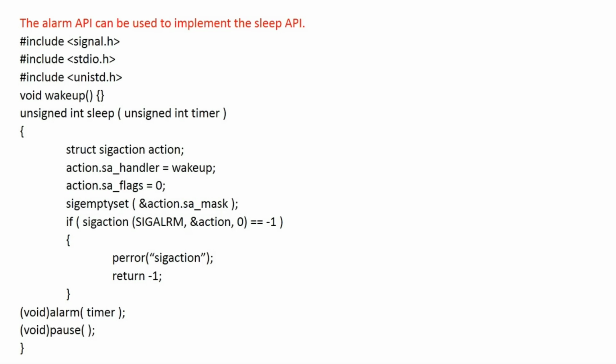In this program, the alarm API can be used to implement the sleep API. So there is one more API, sleep, that you are going to implement by calling the alarm API.